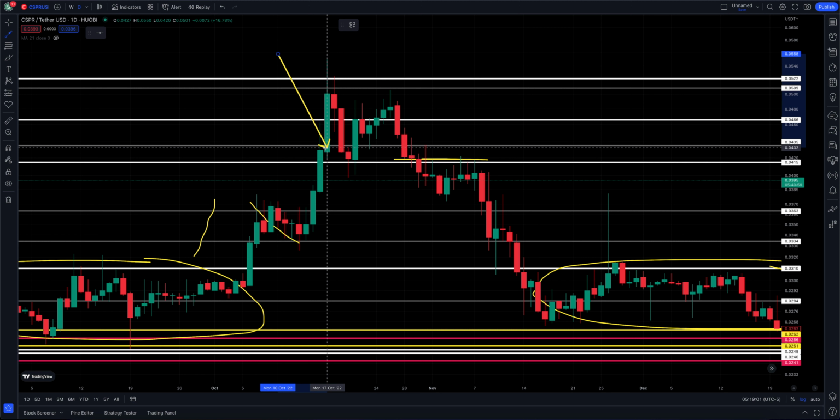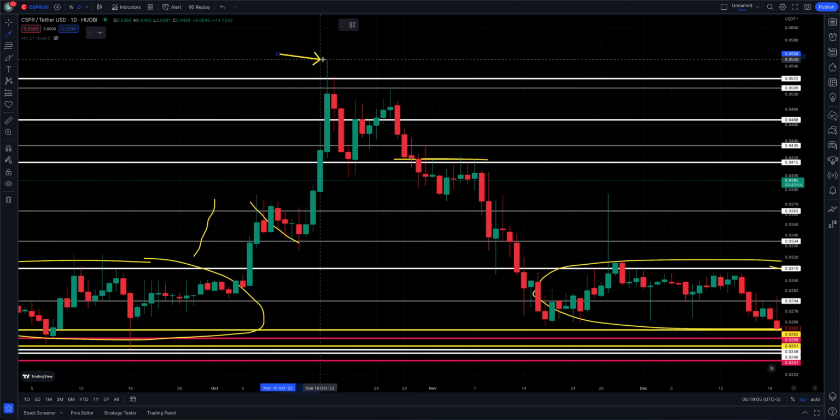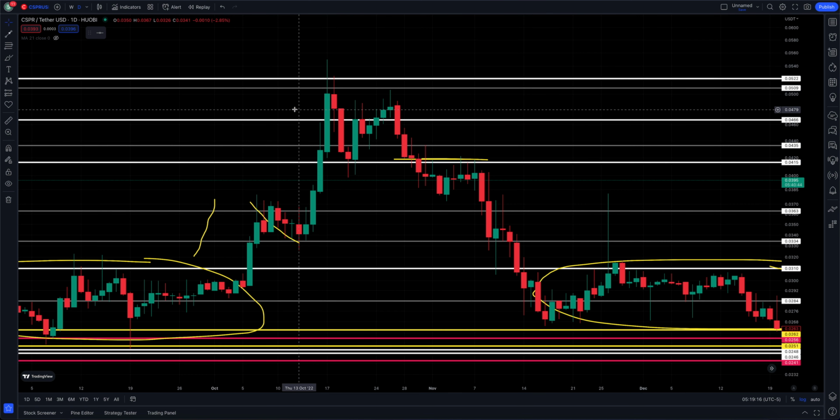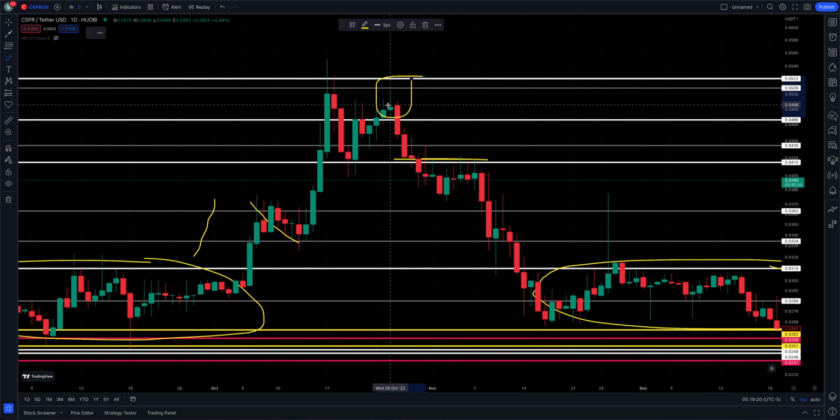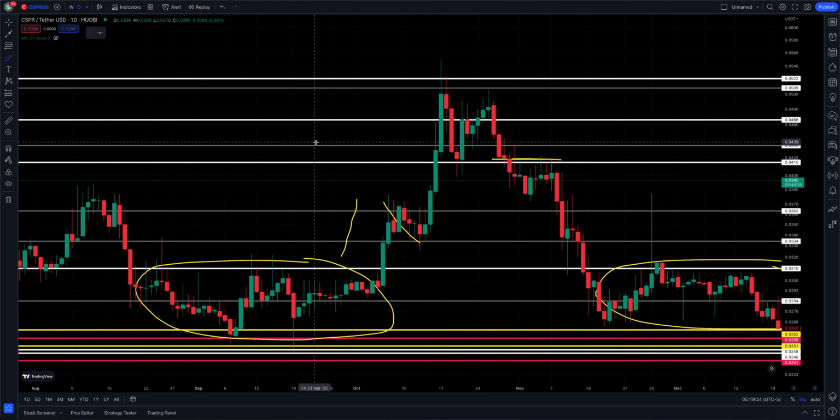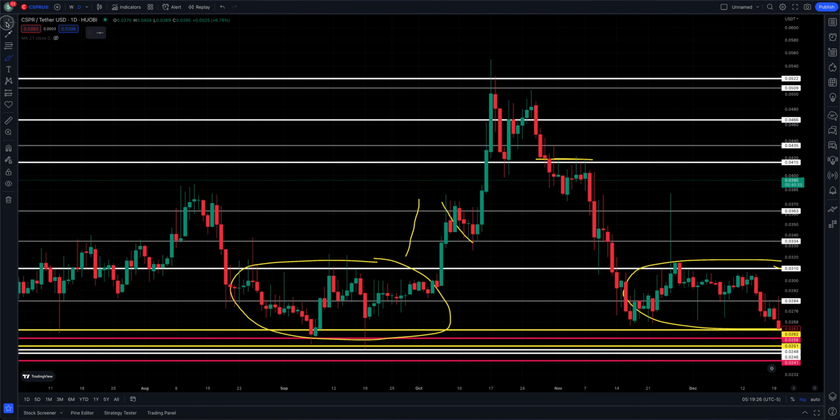Traded up all the way to 5.22 and 5.09. Right here, wicked through it. Boom, resistance. Lower high the next day. Resistance once again. And that was a warning sign that we could be seeing a pause in the rally. And ultimately, we printed a lower high right here on the 26th of October. And the party was over until we saw some strength come back in.